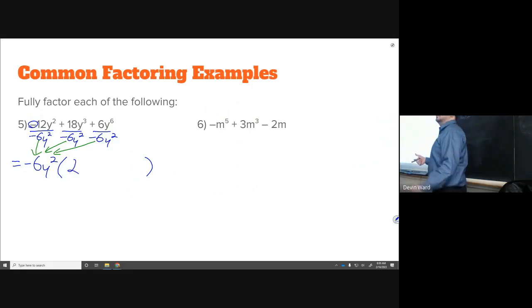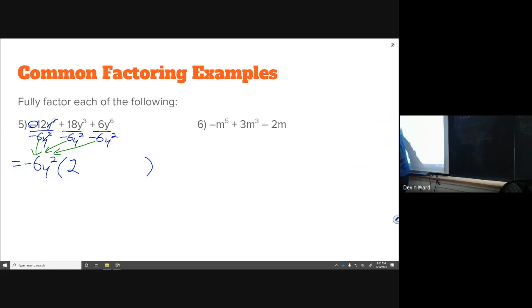Perfect, it becomes positive, okay? Just like when we multiply negative times negative, it becomes positive. When we divide negative by negative, it's also positive. And then y squared divided by y squared. 1, okay? So we say that they can just cancel out, so we'll just have 2 by itself.